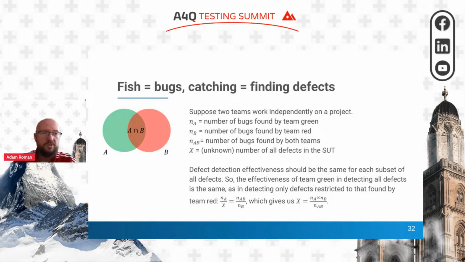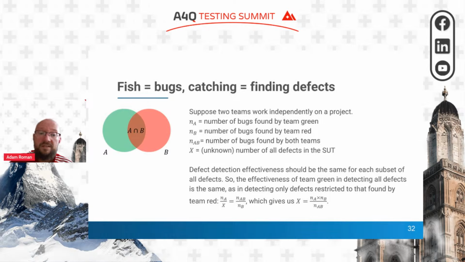This approach can be used in software teams where there are 2 independent teams which work on some project. Each of them detects some number of bugs in the code. There is a common set of bugs that are found by both teams, and based on this result, we can infer the number of unknown defects which remain in the system under test.